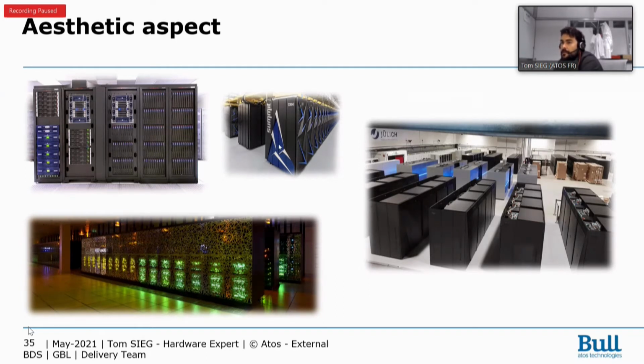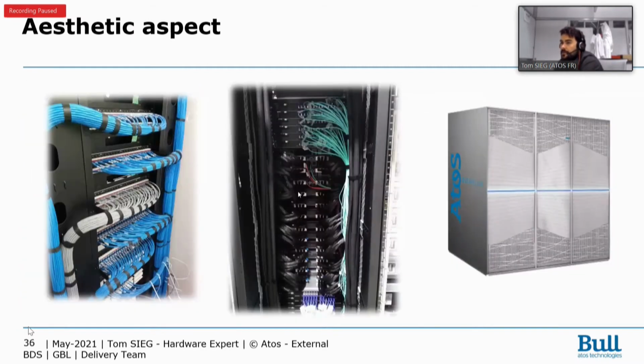Doors, etc. Don't forget the aesthetic aspects could also impact maintenance, because if you have some cable or server to change, in some way you have to dismount some panels, some doors, etc. So it's an important aspect to take into account.